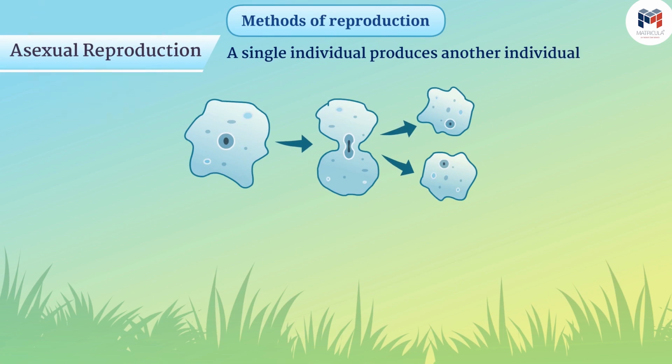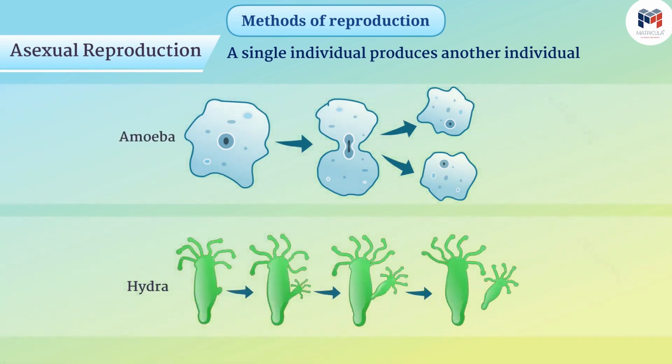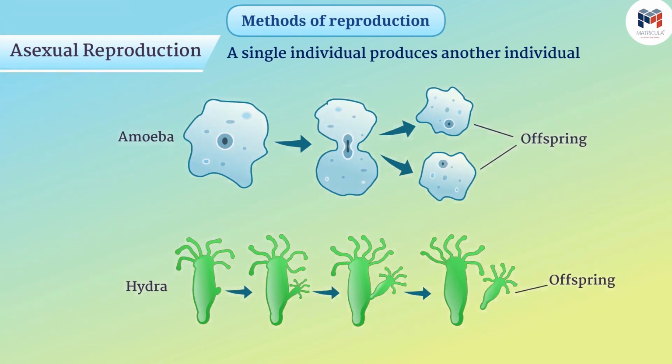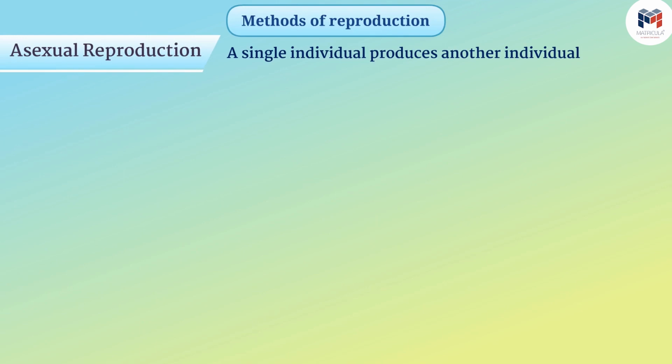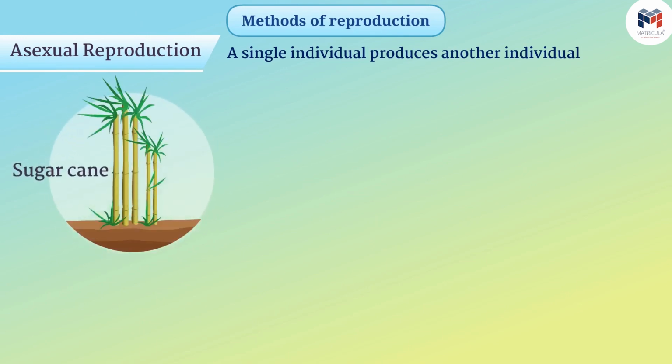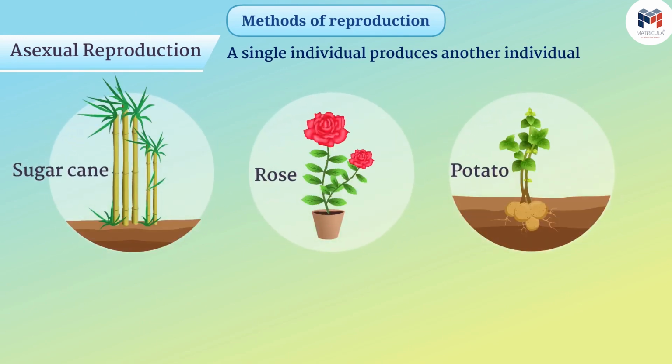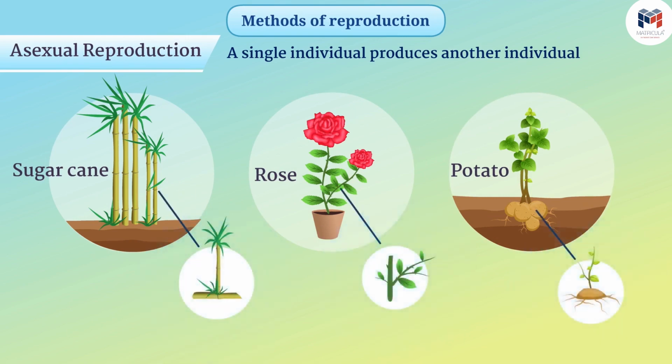For example, unicellular organisms like amoeba and hydra produce their next generation by asexual reproduction. Some plants like sugarcane, rose, potato can be produced from any part of the plant. This is also asexual reproduction.